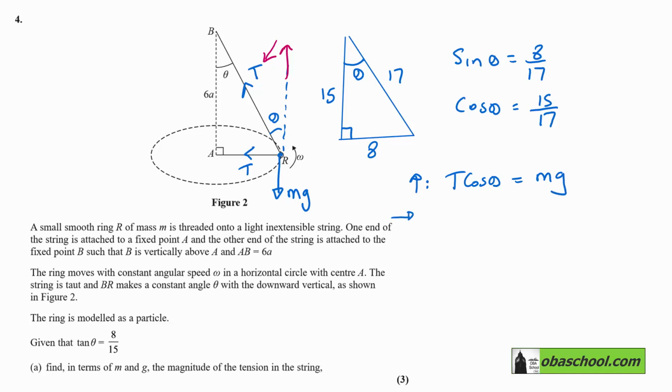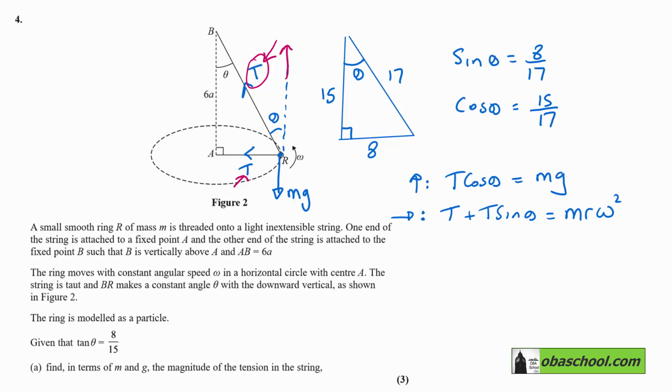If we look horizontally, then T plus T sine theta, so that's the T here, and the component of the tension here, which is horizontal, must be equal to m r omega squared.